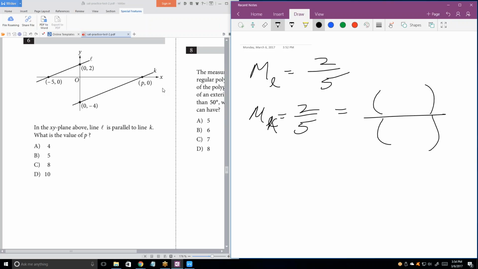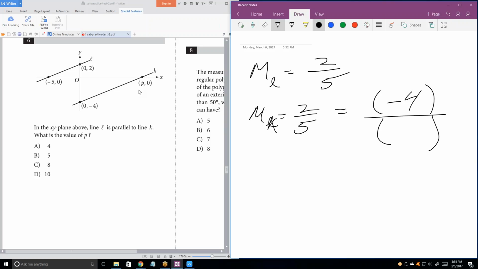Hold on. Negative 4 minus 0 is negative 4. Yeah, 0 minus a negative 4 would be positive 4. They kind of like you to do it as y2 minus y1, but you can do it this way. There's nothing wrong with going y1 minus y2, as long as you do x1 minus x2.